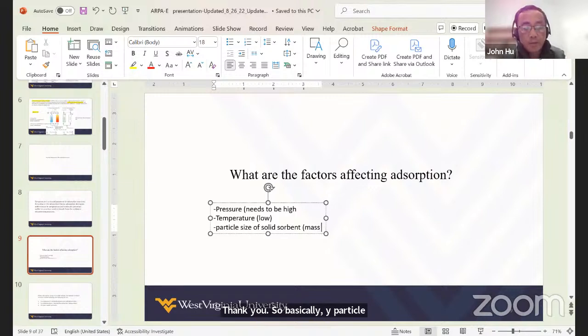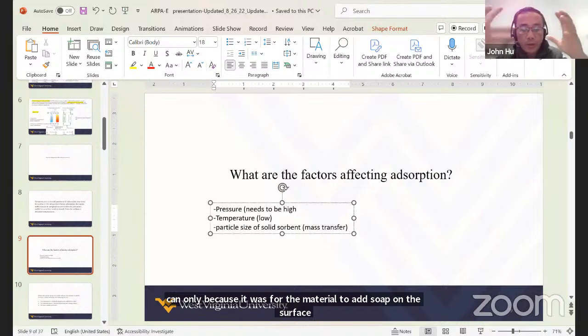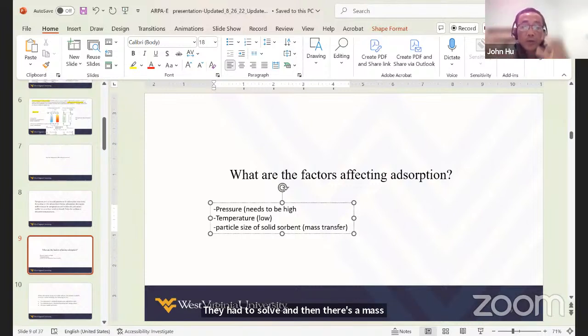Because of mass transfer, all right? Mass transfer means if you have big particles, for the material to adsorb on the surface, there's a mass transfer limitation here. But if you break the big particle into smaller ones, it's easy to access this material.